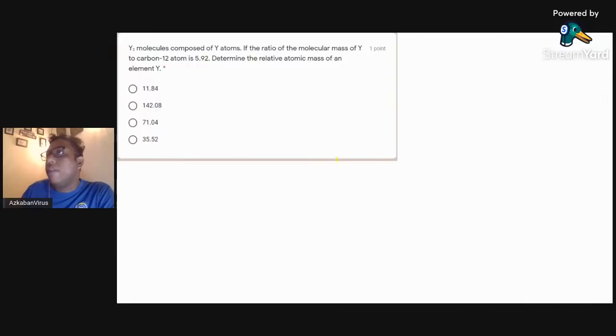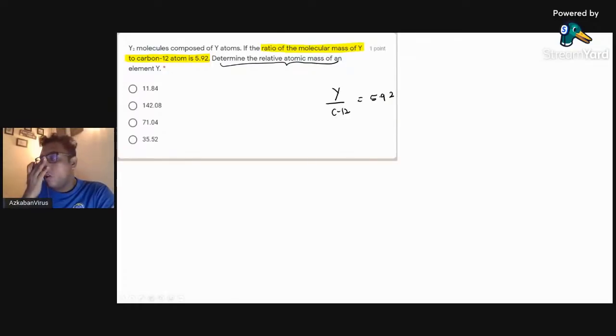In this question we were given that if the ratio of molecular mass of Y to carbon 12 is 5.92, maksudnya kita ada Y bahagi carbon 12, nilai dia sama dengan 5.92. Determine the relative atomic mass of element Y. Okay, so mass of carbon 12 is equal to 12. So kita nak cari Y2 punya ni berapa nilai dia.